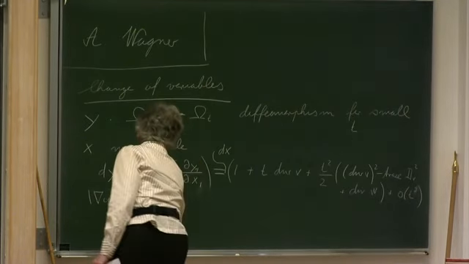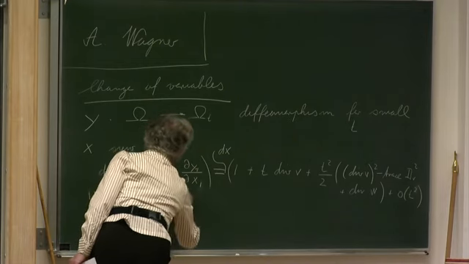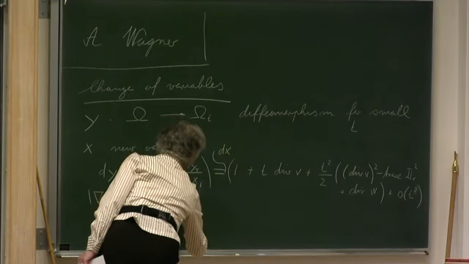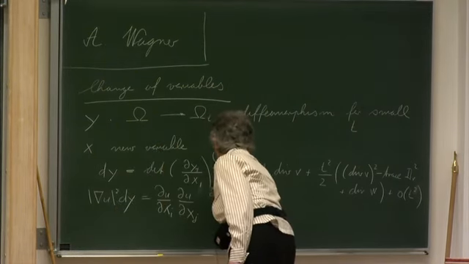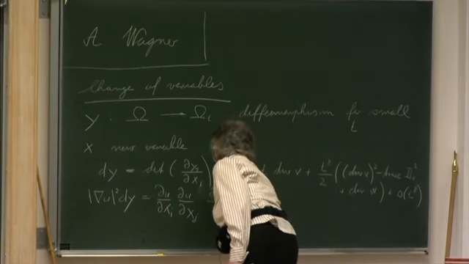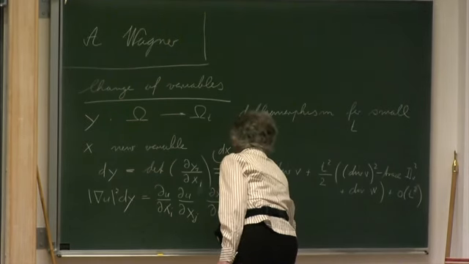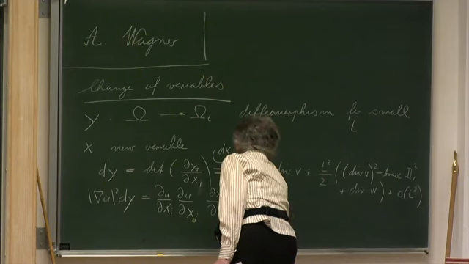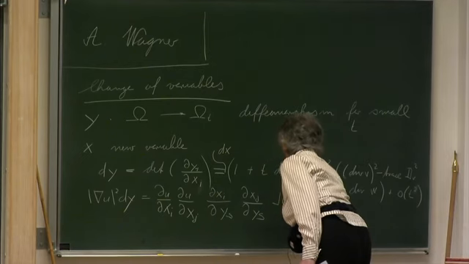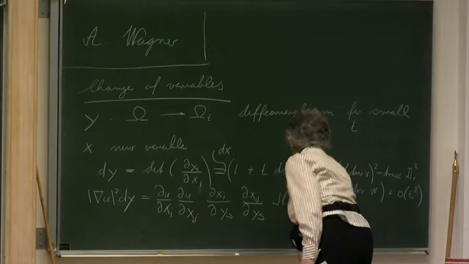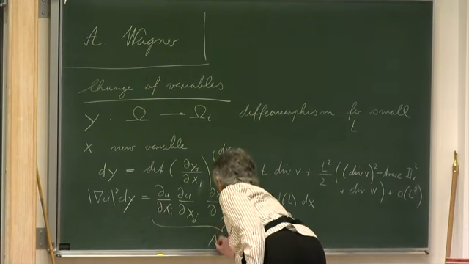So this is just du/dy_i du/dy_i times dy, which is du/dx_k dy_k/dy_i times du/dx_l dy_l/dy_i times J(t) dx. And I will call this just A, this is A_ij.